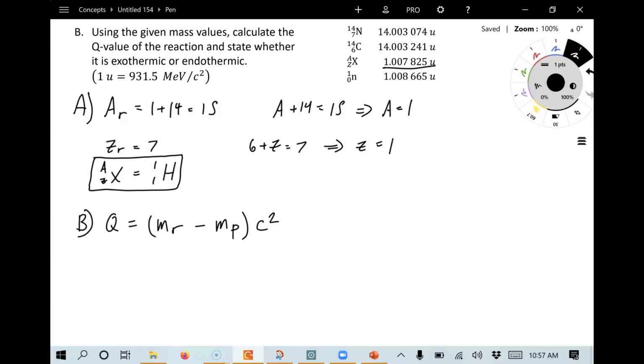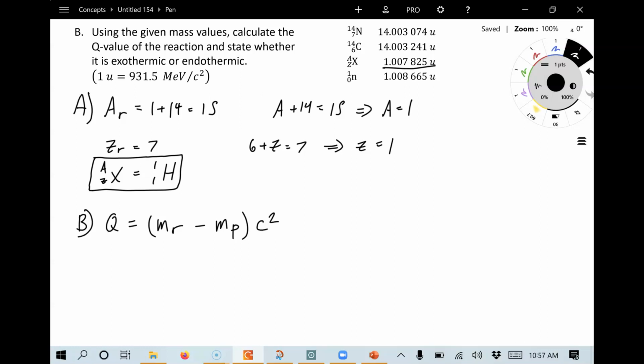We go reactants minus products because if the reactants have more mass and the products less, then mass has been converted into energy and Q is positive, which is exothermic. On the other hand, if the products have more mass than the reactants, then we had to create mass. The delta M is going to be negative, and it's going to be a negative value for the energy, which means that it is endothermic.